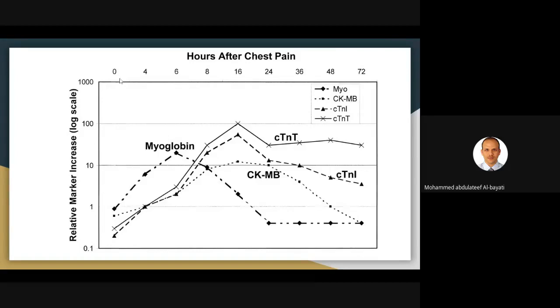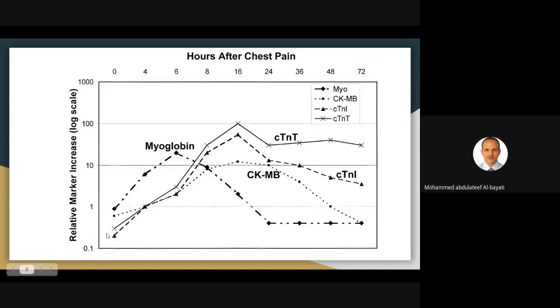This is time 0 hours after chest pain. From here we start the chest pain onset, and the numbers above represent the hours after the onset of the pain. The first, which will rise rapidly, is the myoglobin, but it will disappear after 24 hours.